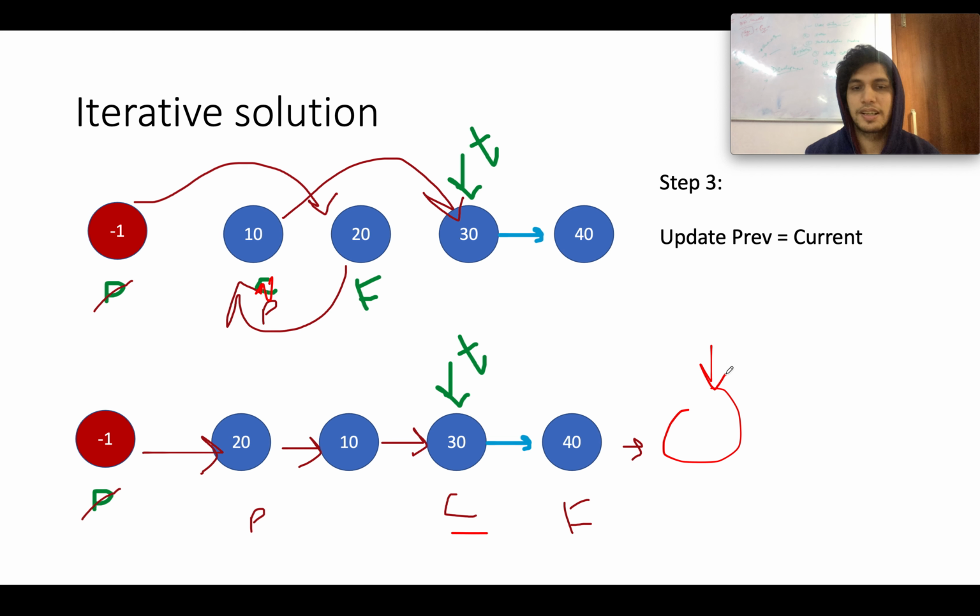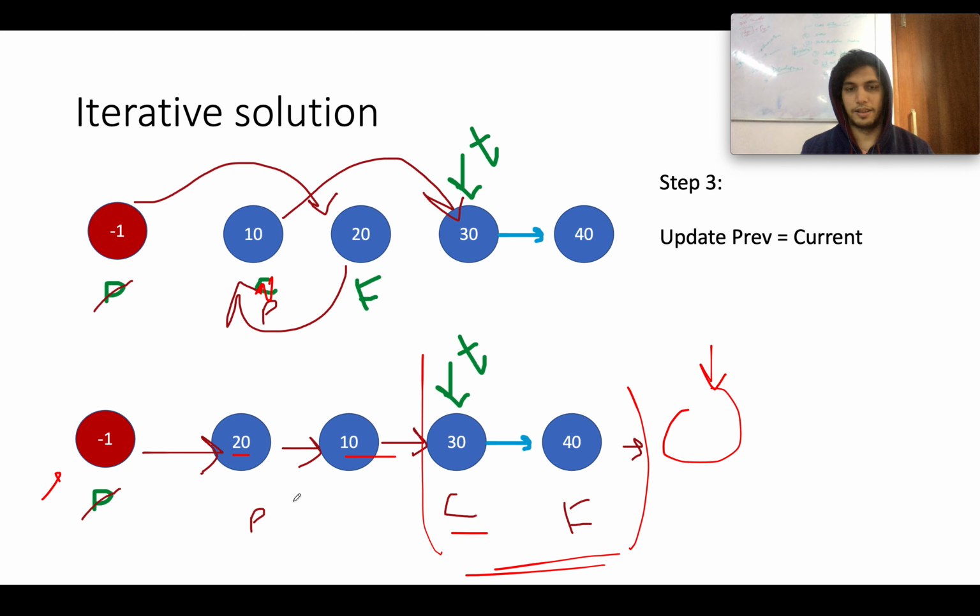So after one single iteration, how does our linked list look? This is the dummy node for sure, and we get 20 here and 10 here, followed by the same operation that will be performed on these two elements. Since these two nodes are swapped, we are done with the swapping operation for the first two nodes. And once we are done with the following iterations, we will simply return the new head as dummy.next, which will point to 20 in this case.